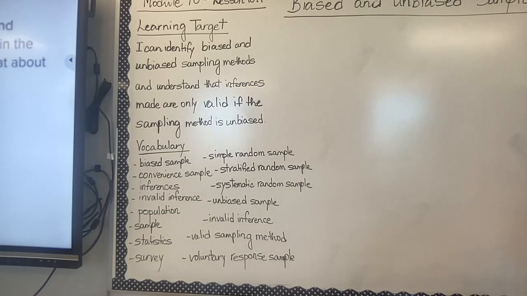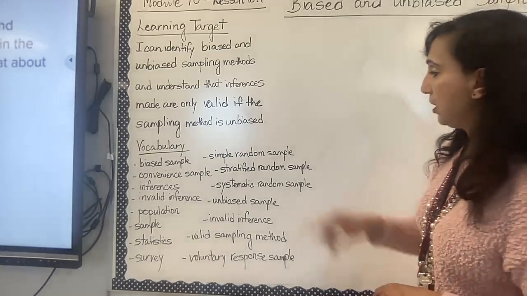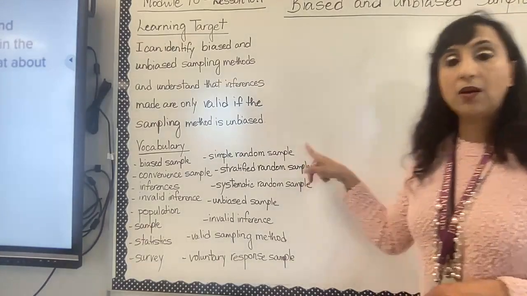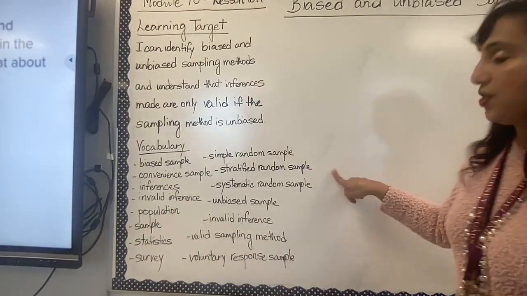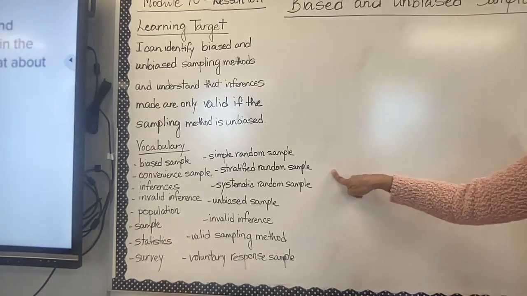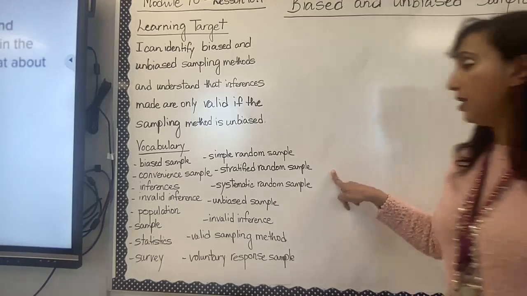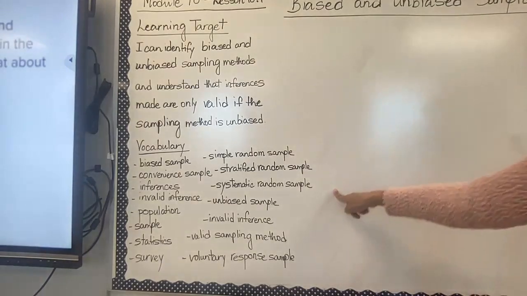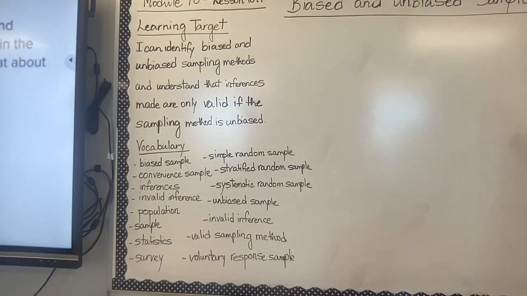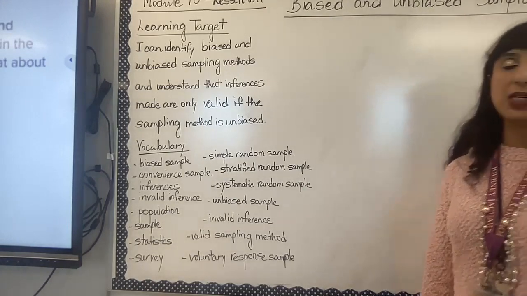Each person or item in the population is as likely to be chosen as any other in a simple random sample. In a stratified random sample, the population is divided into groups that do not overlap, and a simple random sample is then selected from each group. And the systematic random sample, that is the last type, is selected from the population according to a specific item or a time interval.